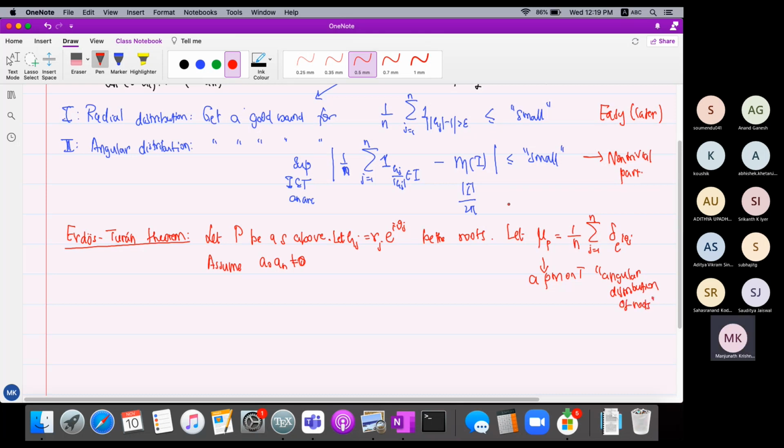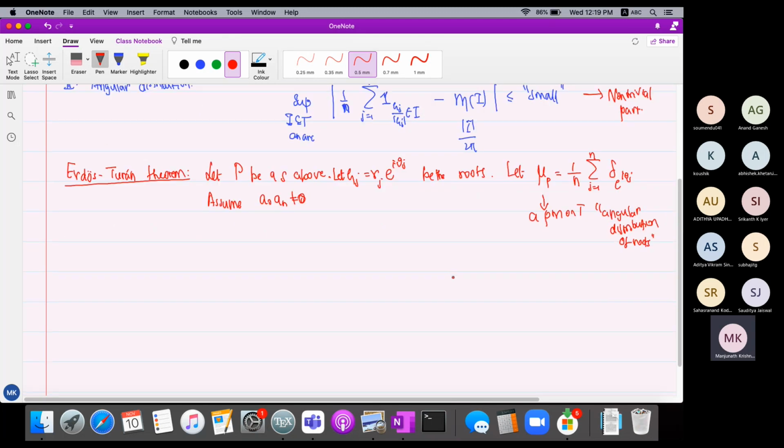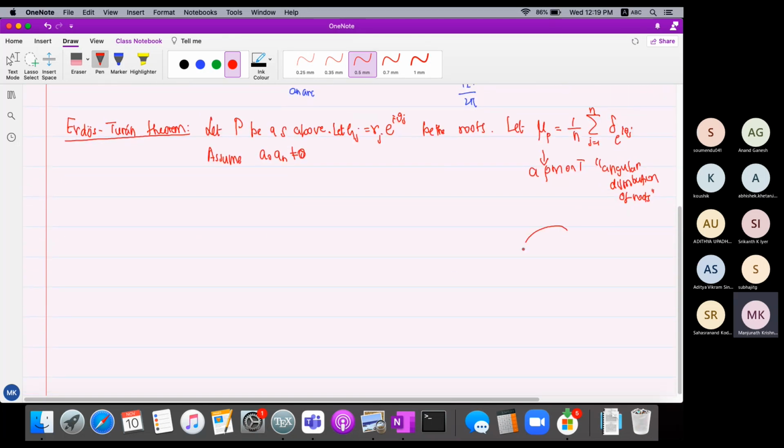In other words, mu is a measure on the circle. If you take mu of an arc I here, then what is it measuring? It is measuring the proportion of zeros which lie in this sector. If this is I, mu of I is the proportion of roots of P in the sector.